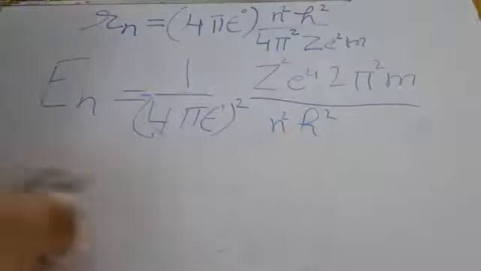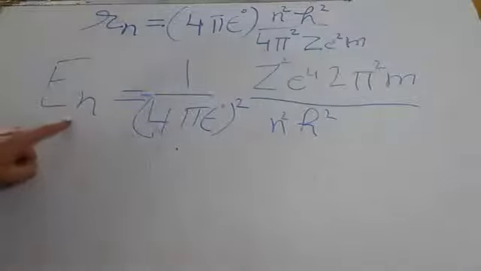Here we have got the equation for the energy of the electron in the nth orbit.